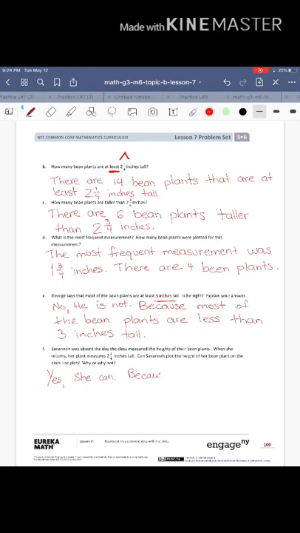Because 2 and 2/4 is an equivalent for 2 and 1/2, and this is on the line plot.